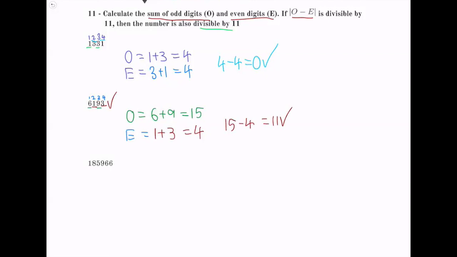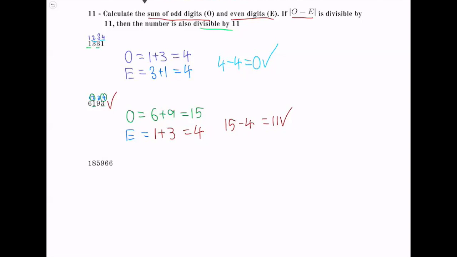So let me explain one last example. 185966. Wait, in this one, how do you get 1 and 3 for the even numbers? That's because 1 and 3 are the second and fourth digit, right? 2 and 4 are even, so you look at the second digit and the fourth digit, 1 and 3.